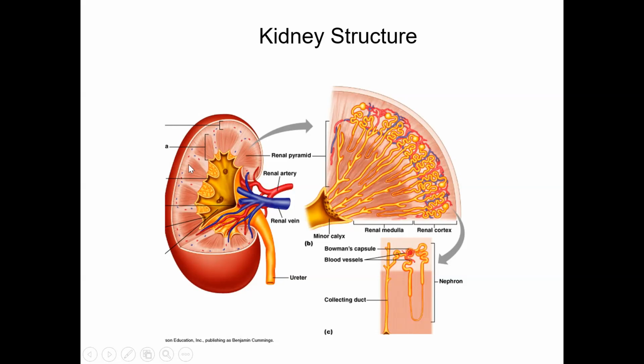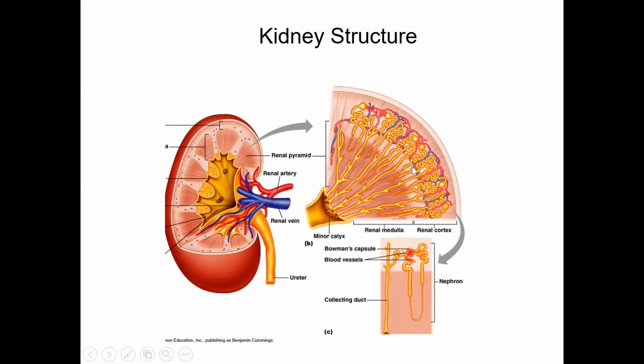And then this renal pyramid structure, if you look, you see this little round structure. What are these? Renal corpuscle. Renal corpuscle has two parts, glomerulus and Bowman's capsule. And then you have this convoluted tubular structure, okay?